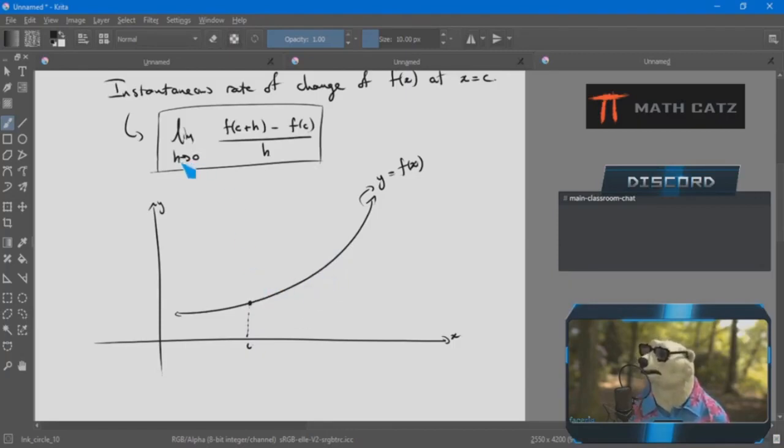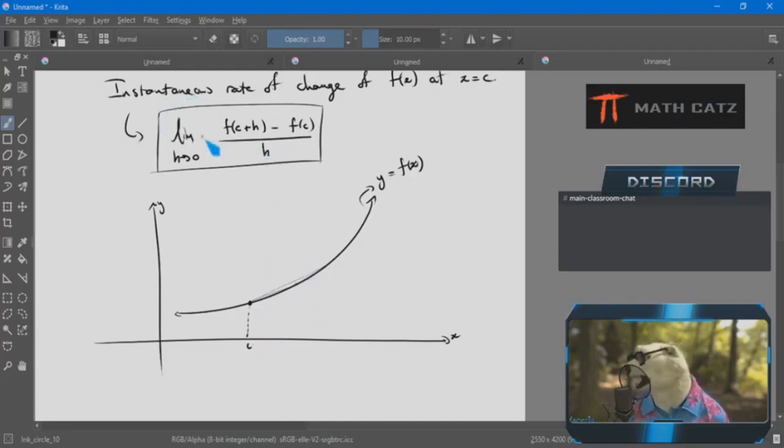We want to let the window size h shrink down to 0 essentially, but we can't actually have a secant line with no change in the x value because then we're dividing by 0. So that's not going to work.